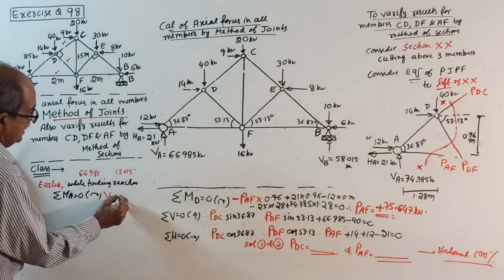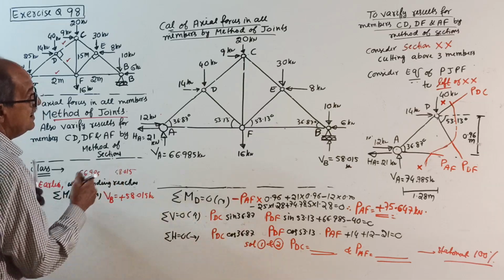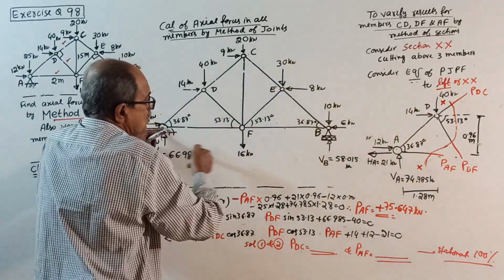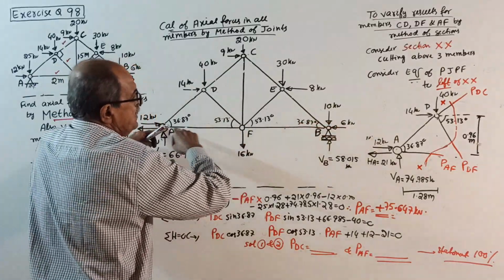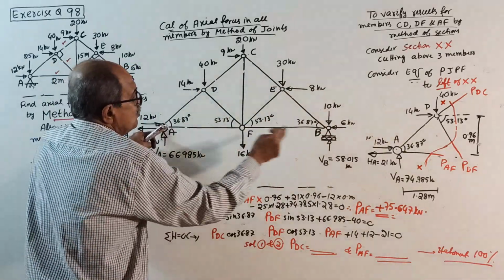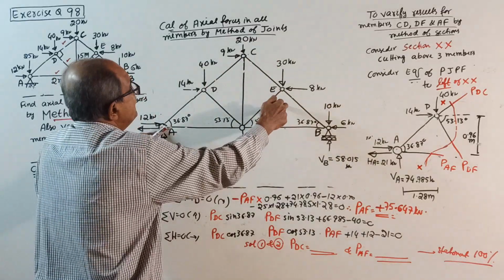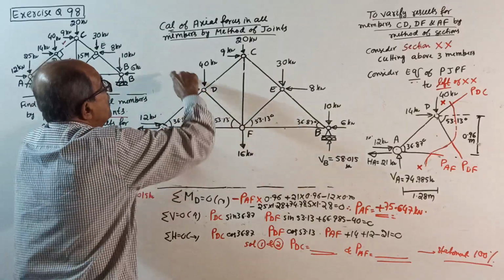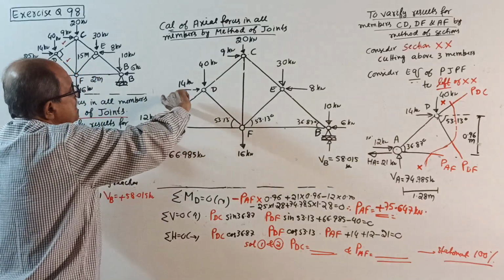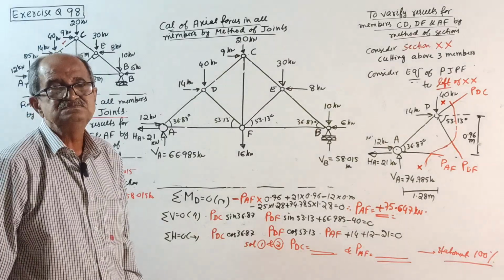How much did I get? Plus 58.015 kilonewton. At that time I wrote: minus VB into 4.6, 10 into 0, 10 into 4 clockwise, 30 into 4 minus 1.28, minus 8 into 0.96, plus 20 into 2, plus 9 into 1.5, plus 40 into 1.28, plus 14 into height 0.96, equal to 0.